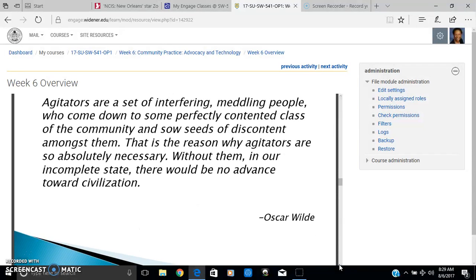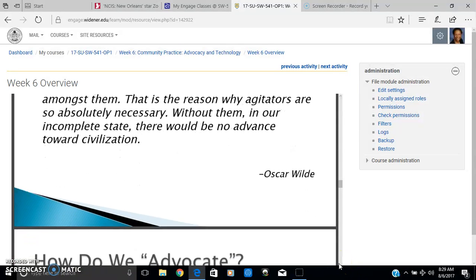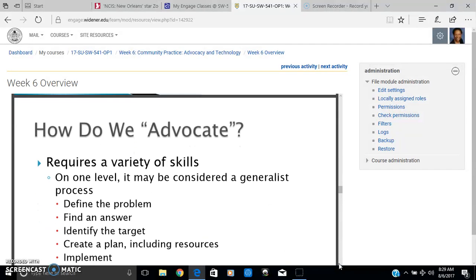Why advocate? There's this quote here by Oscar Wilde, but essentially, if there is no advocacy, communities remain stagnant and the status quo stays in effect. So at some point, somebody has to start trying to make a difference, and advocacy is one of those ways to do that. There are skills that are required.